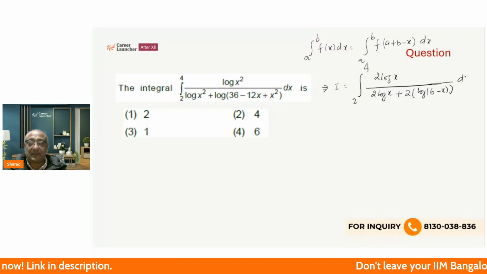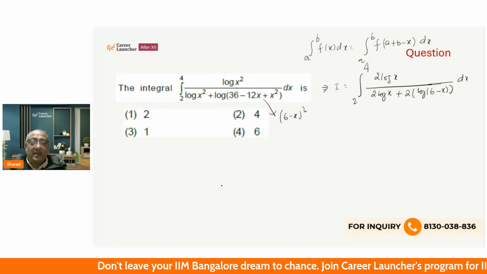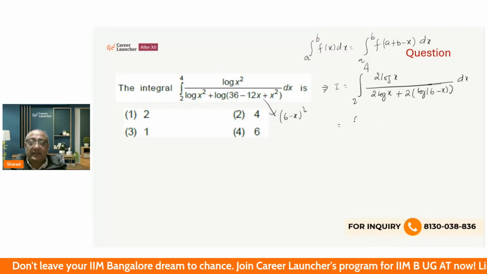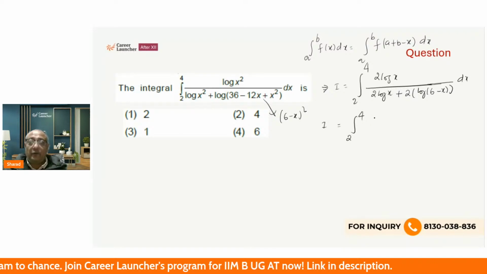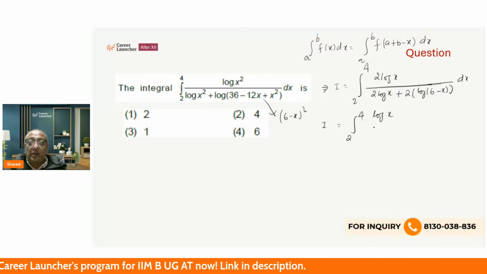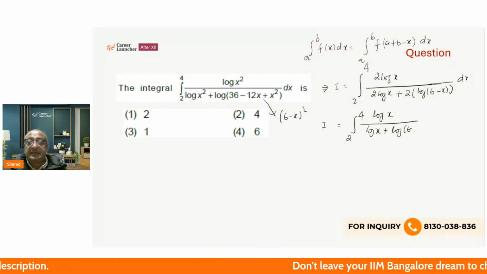So how did I write this? Because this is nothing but 6 minus x whole square. So this 2 will come out. This 2 will get cancelled from both the sides. So we have integral from 2 to 4 of log x upon log x plus log of 6 minus x dx.